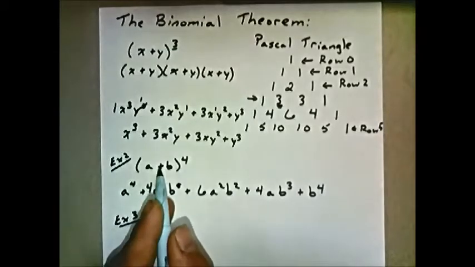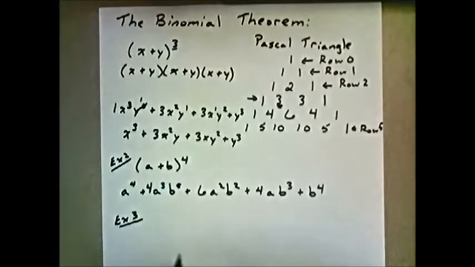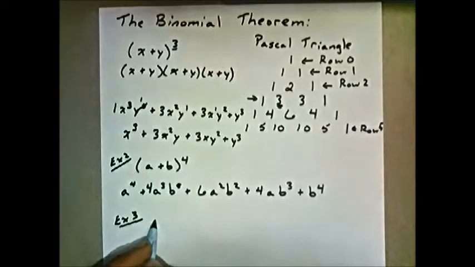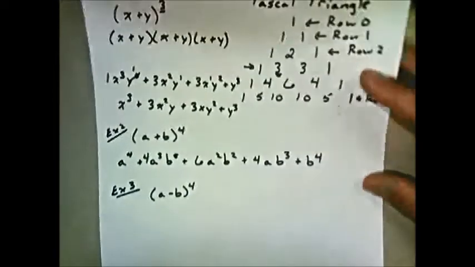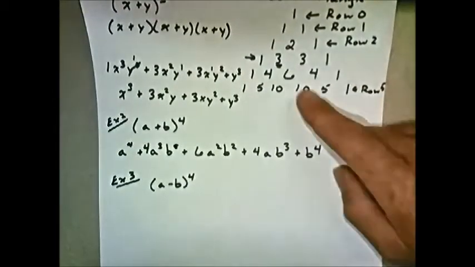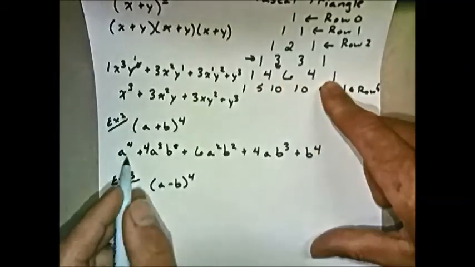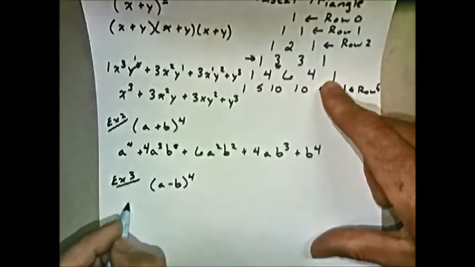It gets a little more tricky as we look at changing this plus sign to a minus sign. So let's take this a plus b to the fourth and change it to a minus b to the fourth. Again, we're still using the fourth row, so this is where our coefficients are going to come from. But let's see what happens as we take this negative through.